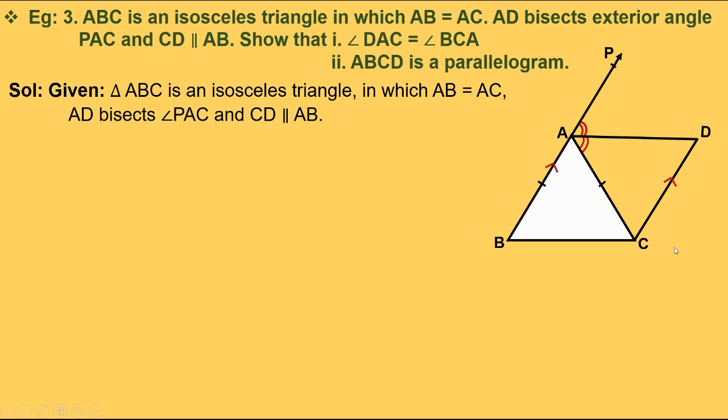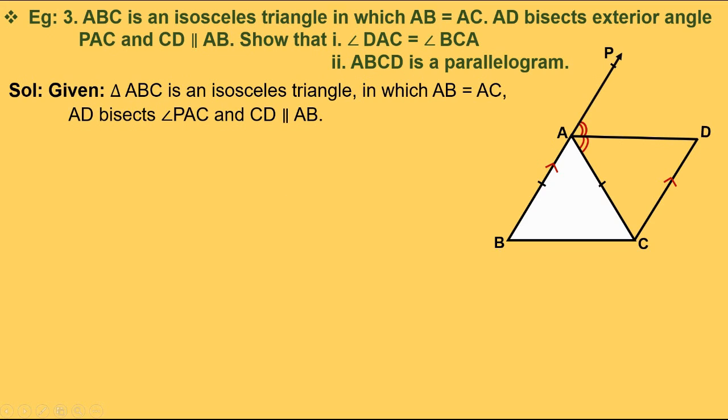Solution. ABC is an isosceles triangle in which AB is equal to AC. AD bisects the exterior angle PAC, that is, angle PAD is equal to angle DAC, and CD is parallel to AB.